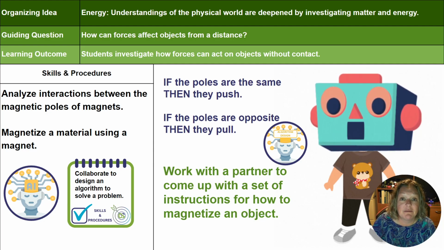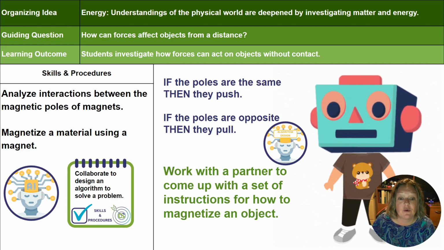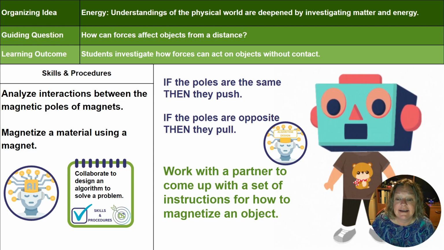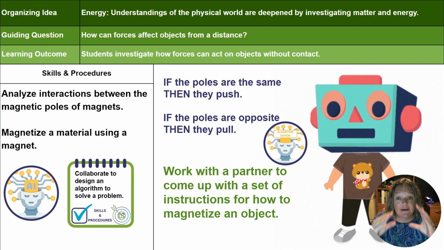If the poles are the same, then they push. If they're opposite, then they pull. We can make some connections to conversations about force. Talk about, this is like a non-contact force, and make that connection back to what we've done before. And again, we've done some of this computational thinking because we're really just looking at these specific attributes here.